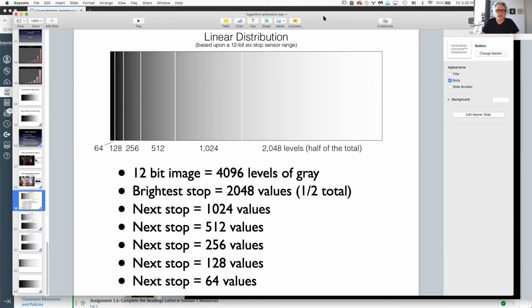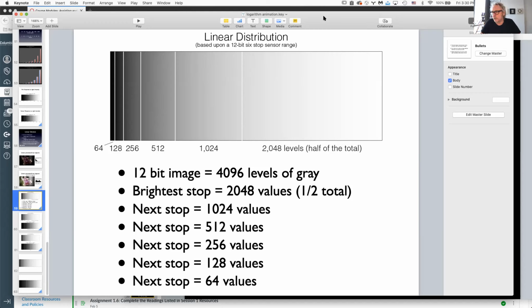If you get up to a 12-bit capture, in grayscale alone we would talk about 4,096 tones. So instead of the 256 that we had in 8-bit, which is typically what we work with in Photoshop, or even 16-bit, a 12-bit capture is basically 4,000 tones.